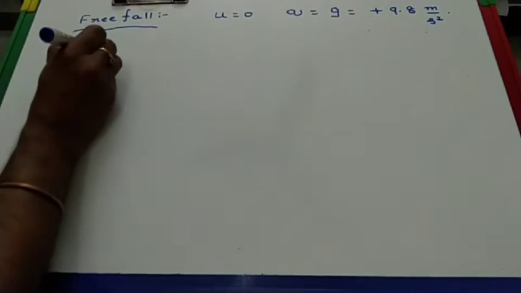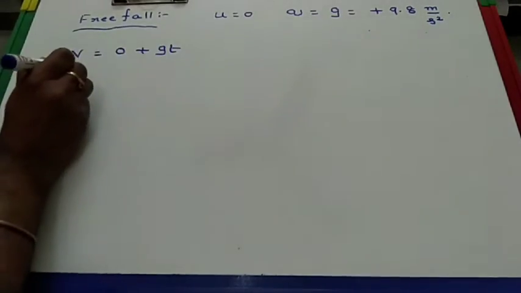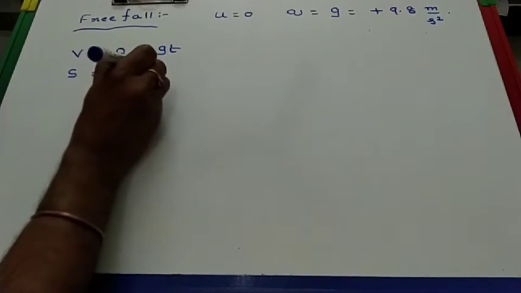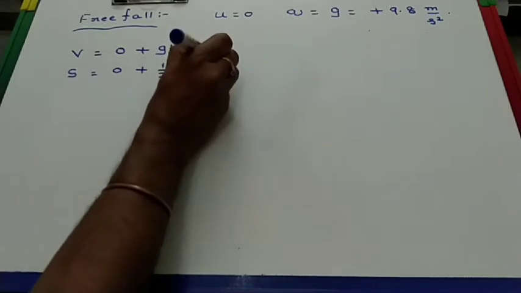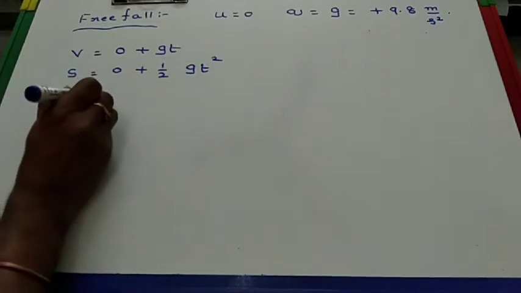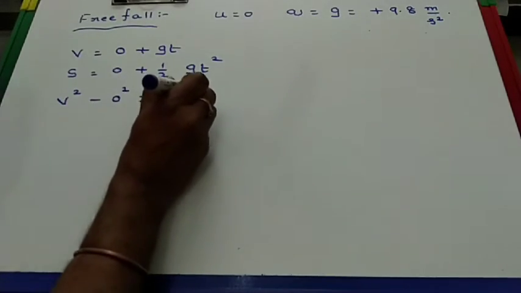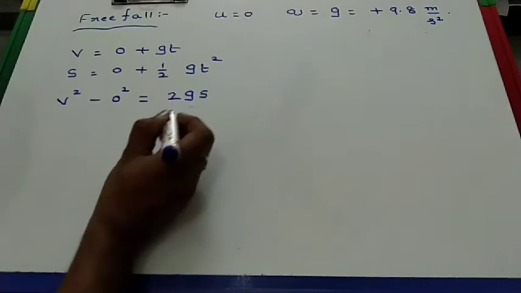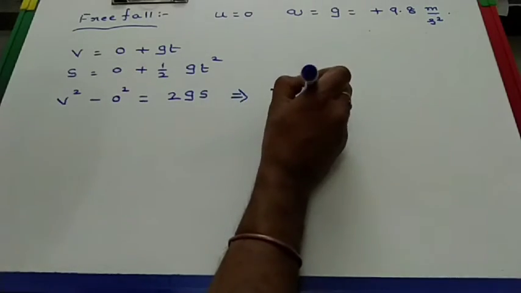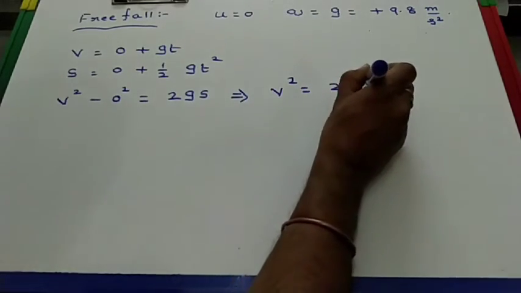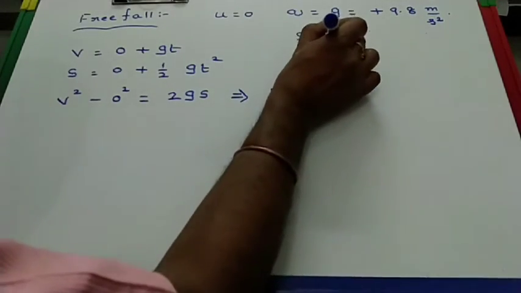Here v is equal to 0 plus gt, s is equal to 0 plus 1 by 2 g t square, v square minus u square, that means 0 square, is equal to 2gs. This we can also write as v square is equal to 2gs, and s taken as h.